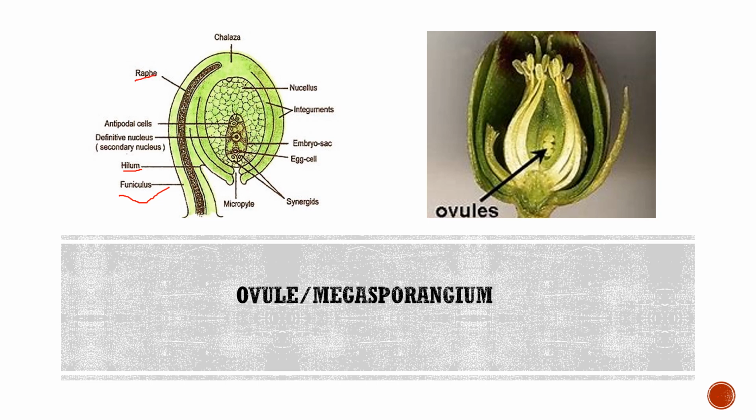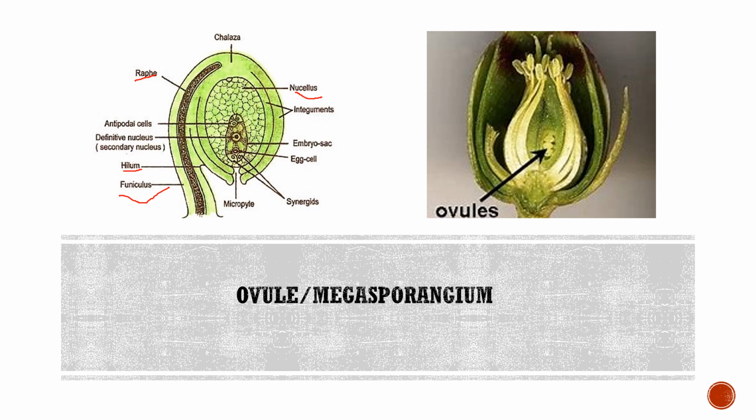The funiculus is vascular, that is, with xylem and phloem to supply nourishment. The main body of the ovule is composed of a parenchymatous mass called the nucellus. The cells of the nucellus are rich in reserve food material.